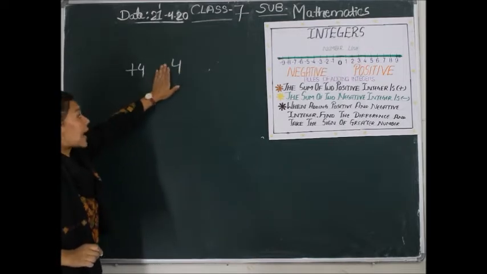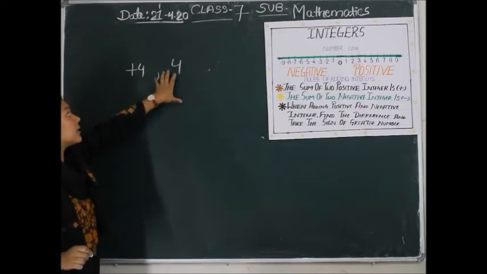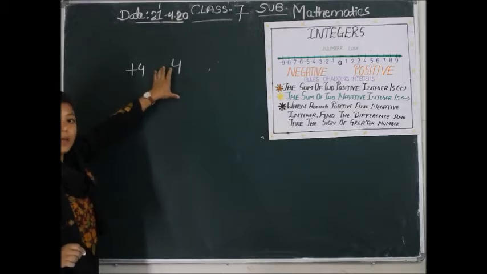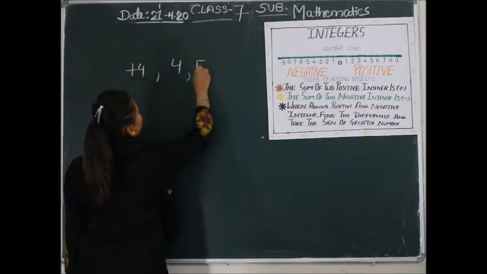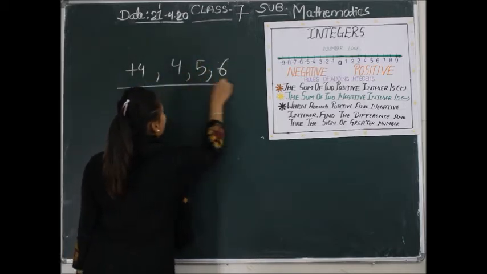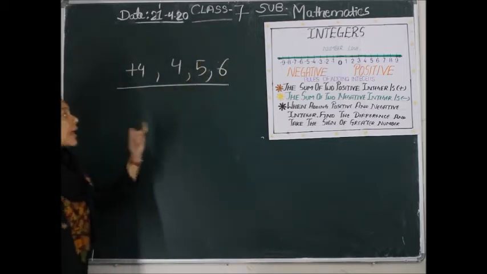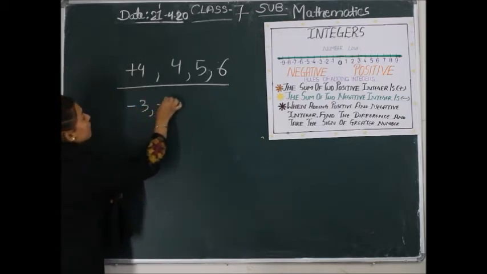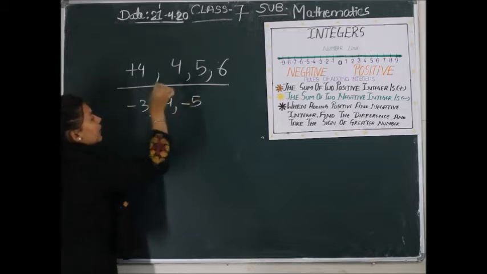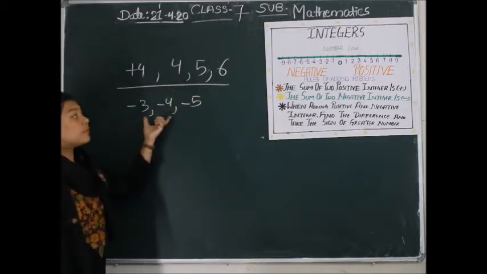If there is no sign, then we have to think that there is a sign of plus, and it is positive. Okay, 4, 5, 6, all these are positive numbers. Now negative numbers means with a sign of minus. Minus 3, minus 4, minus 5, these are all negative numbers.